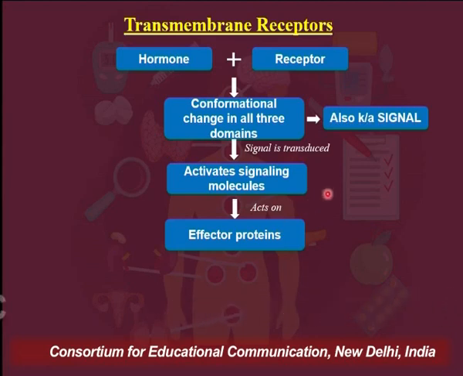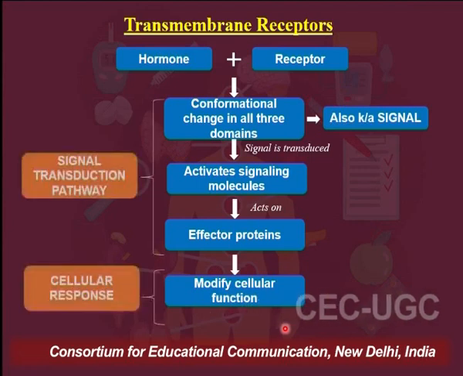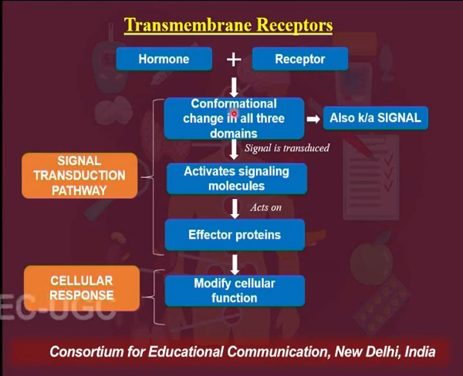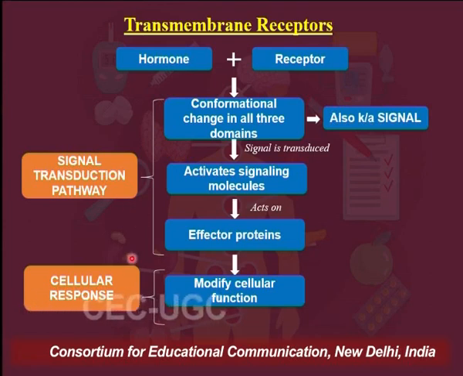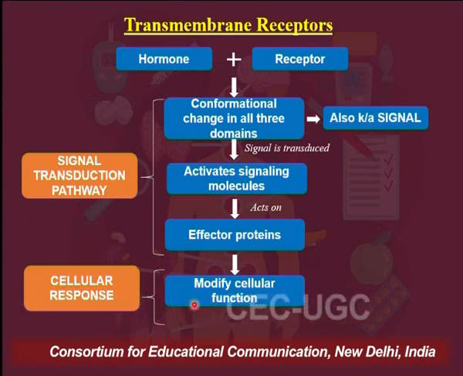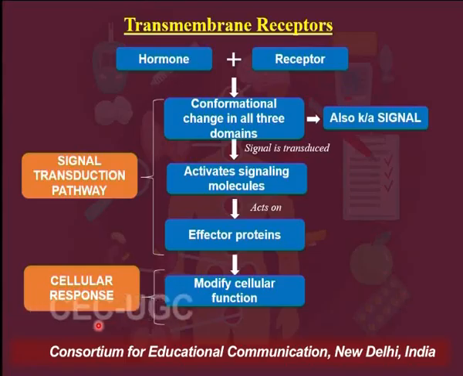And these signaling molecules will then act on the effector proteins, which will finally modify the cellular function. So together, from the generation of the signal to transduction of the signal to the effector proteins, this is what is referred to as the signal transduction pathway, while the last part wherein the changes in the cellular function take place is a part of the cellular response.